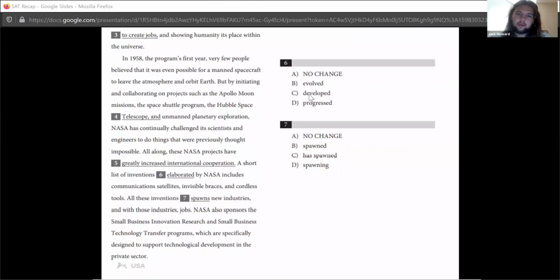So we've agreed on C. D is progressed. Progressed, I think, goes the other way. Rather than adding on extra information, it doesn't give all the information. Progressed implies that these inventions were already sort of in existence, and NASA merely improved on them. Maybe that is true, but I don't think that's what they're implying.